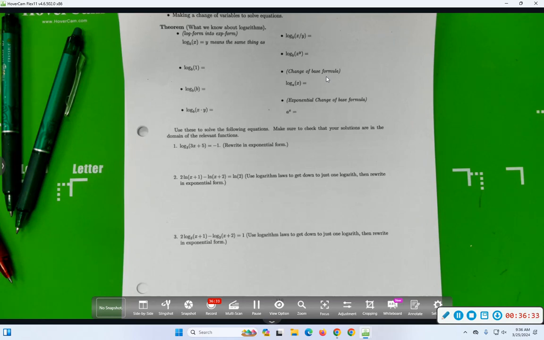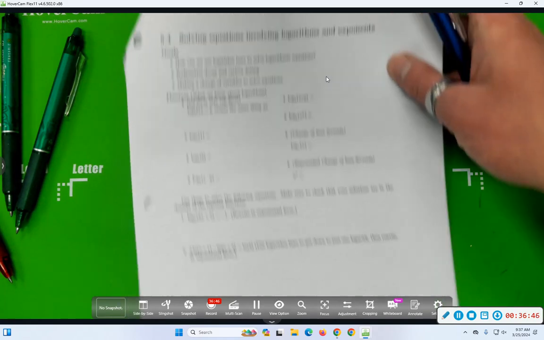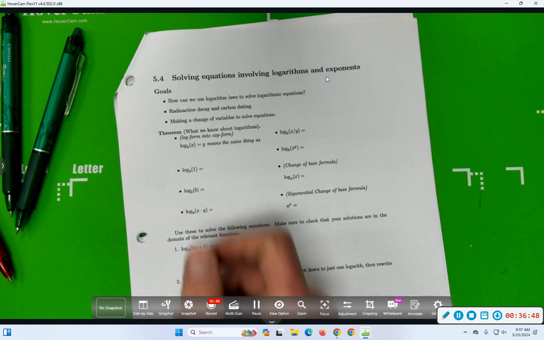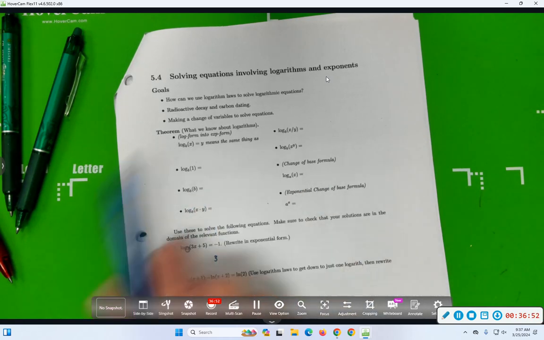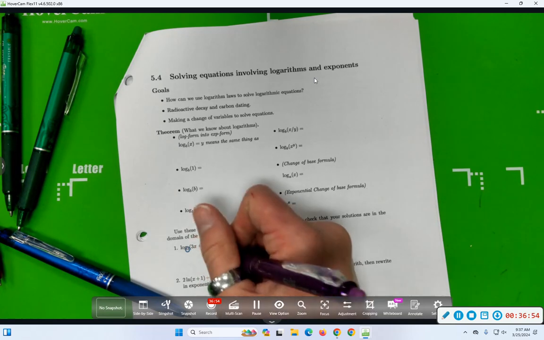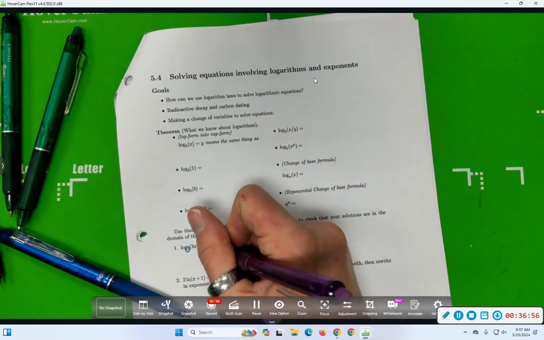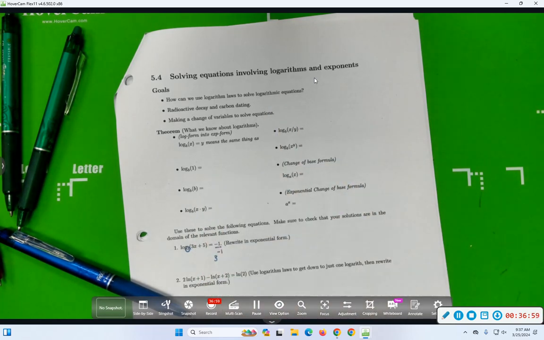I say the word logarithmic form. Does that give you any ideas? We just make it equal to 3 to the negative 1. Yeah. So when you rewrite in exponential form, the base in this log becomes the base of an exponent, and the exponent is the thing that used to be on the other side.